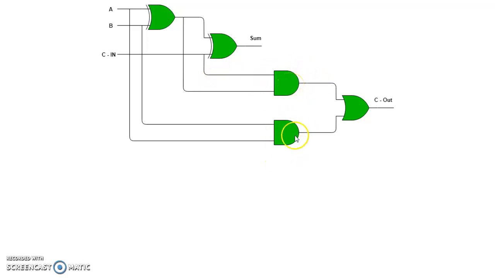Then for the second AND gate the two inputs are A and B, so the output is AB. When these two outputs are added, we use one OR gate, so the output is C out, that equals A XOR B times Cin plus AB. So this is the logic diagram or logic circuit of a full adder circuit.